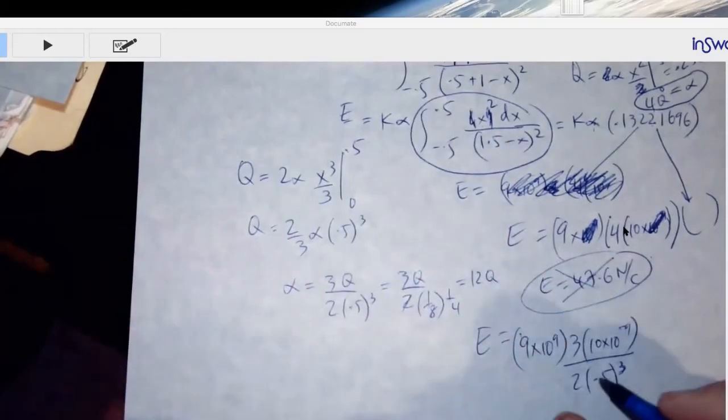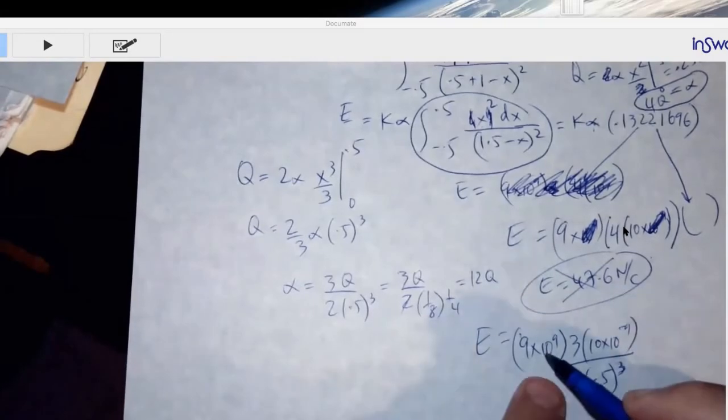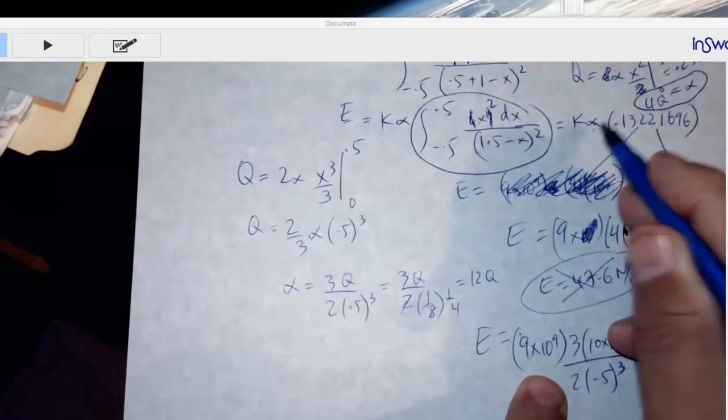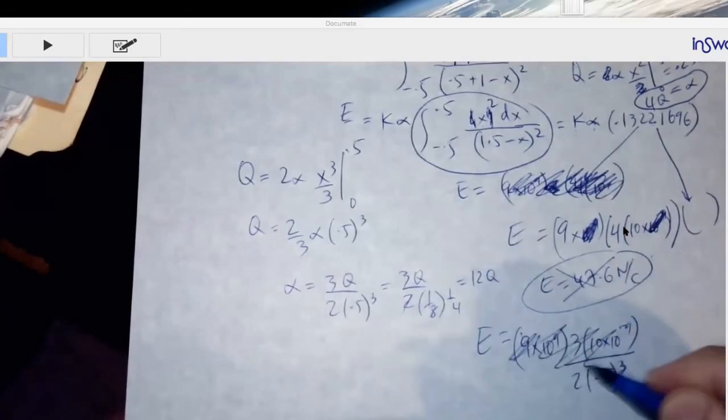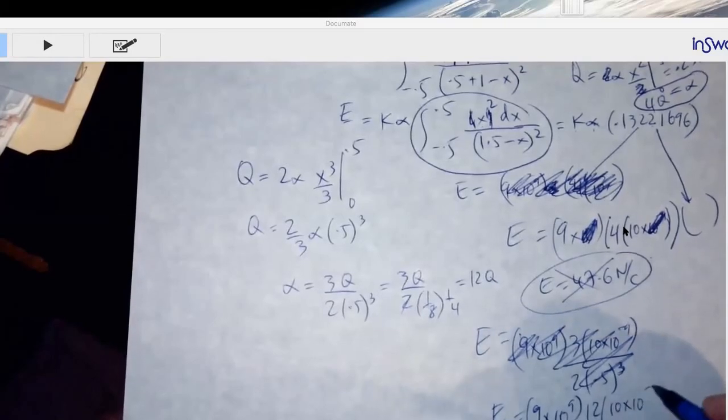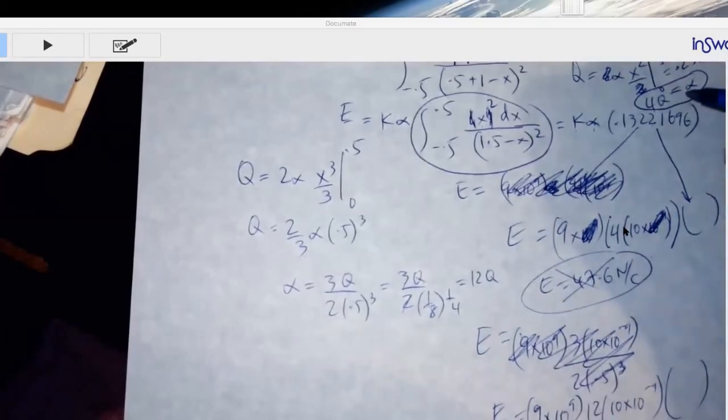Okay, so even better. So then this is k alpha. So then I have k alpha is 12 times q times that integral that it gave me, the new integral.